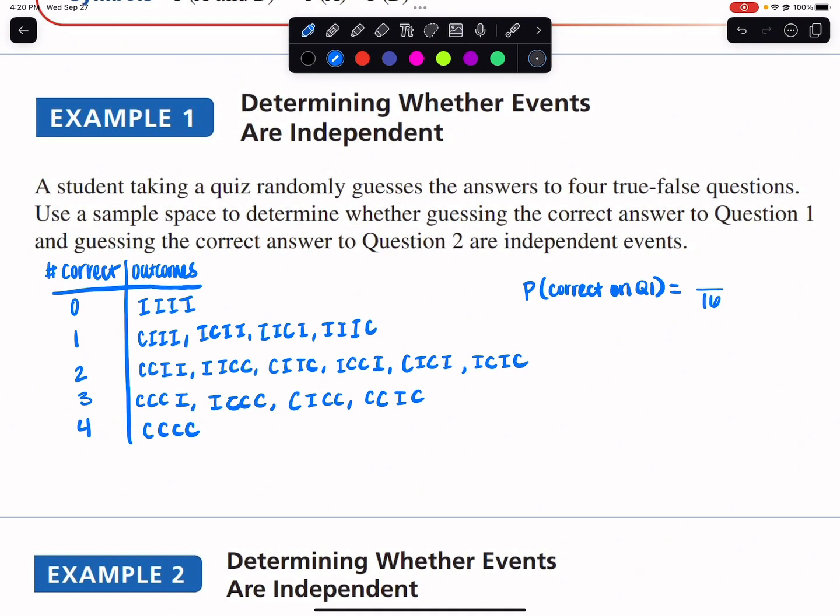And then the ones where I got question 1 correct, that's this one, this one, this one, this one, this one, this one, this one, and this one. So there's 8 where I got question 1 correct. We'll simplify that, so that'll be 1 over 2.